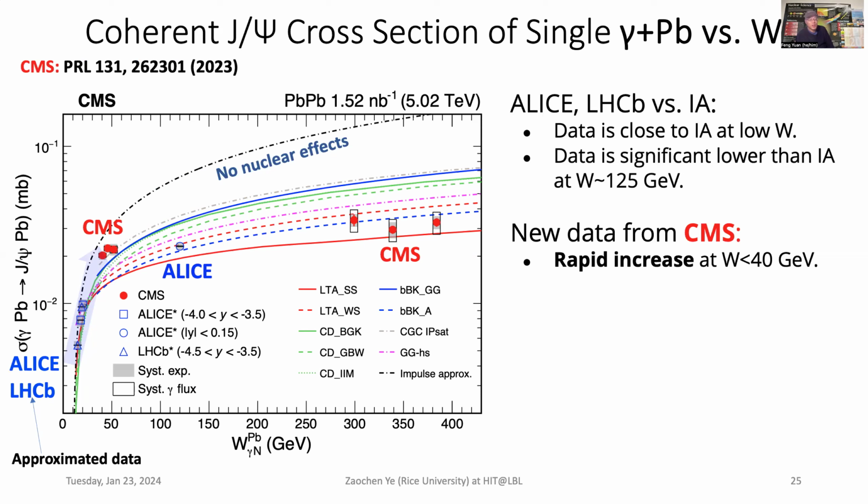In the sense that your cross-section estimate for this process has a large uncertainty there, and maybe in the end we don't know the physics behind this, how you can separate different terms.